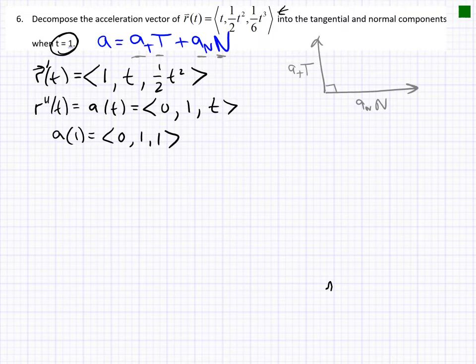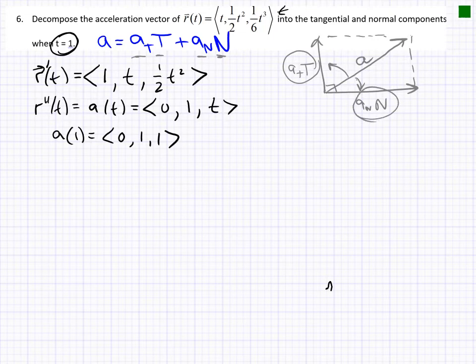And so the sum of those two vectors is this diagonal here, and that's the acceleration vector. So we were able to break the acceleration vector up into these two separate ones, one describing the change in the speed, the other one telling us what the change in the direction is.